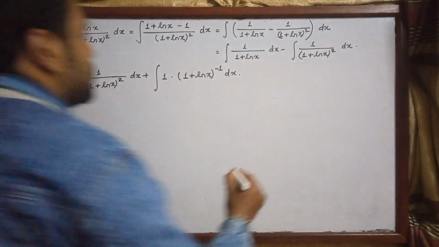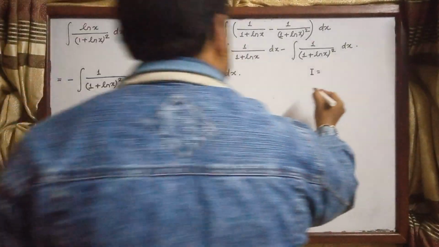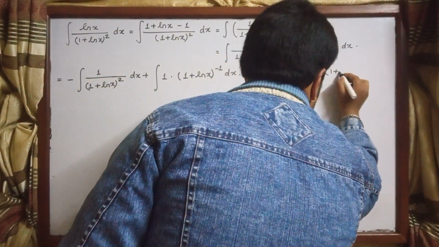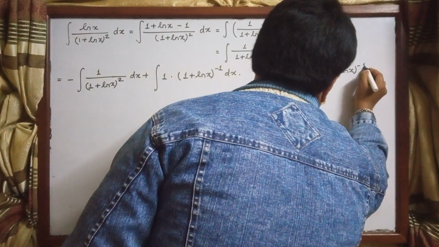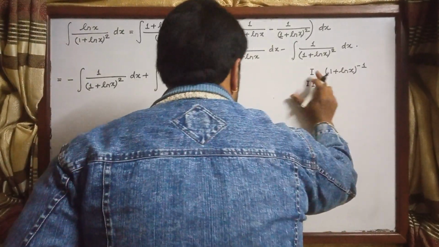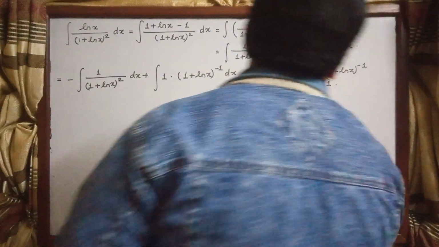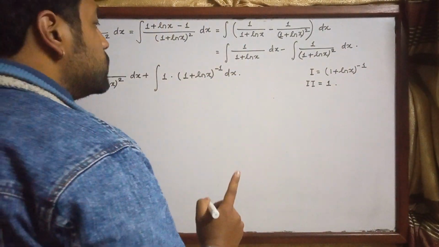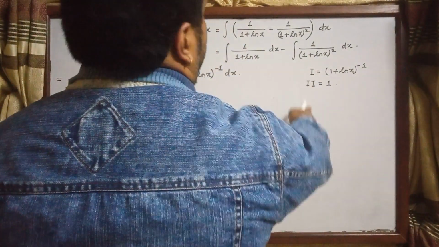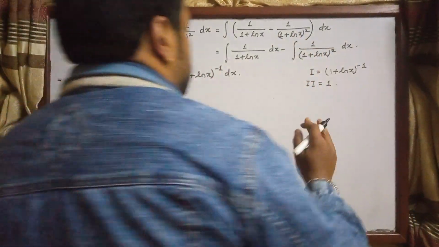Okay. So the first function is (1 plus log x) raised to the power minus 1, and the second function, this is just a rough notation, okay, is the constant function 1. And what we need to do, we need to integrate the second function without the constant of integration for convenience, okay.